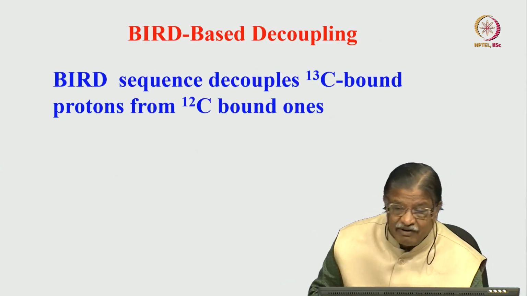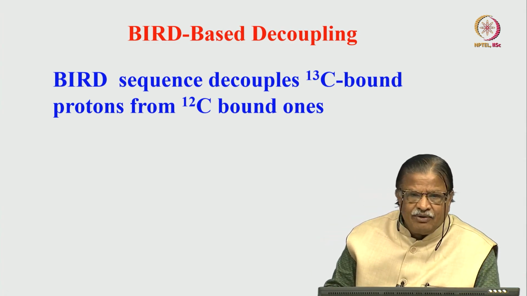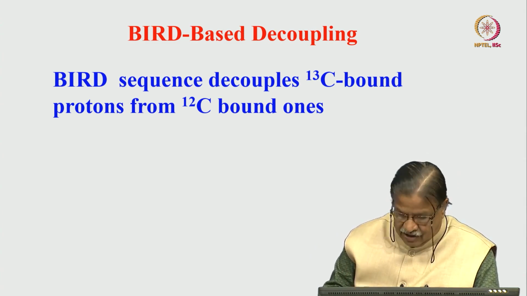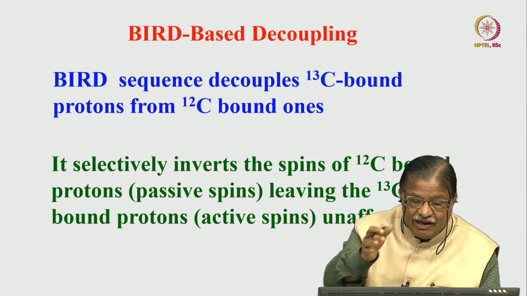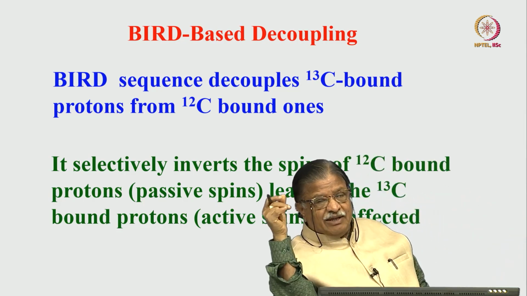We discussed this when we discussed carbon-13 NMR. What does BIRD do? I told you BIRD decouples carbon-13 bound protons from carbon-12 bound protons. It selectively inverts carbon-12 bound protons, while carbon-13 bound protons are unaffected. Pictorially we understood how the polar vector works in the vector diagram.